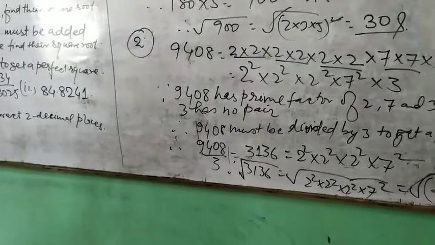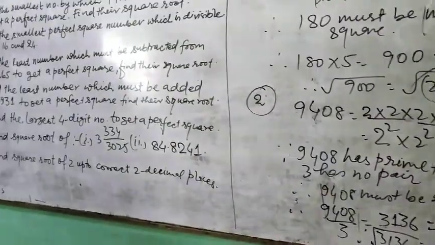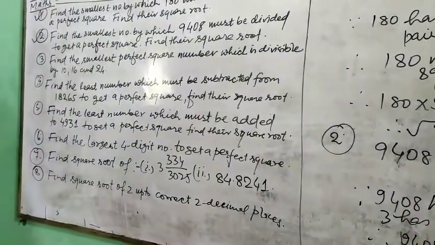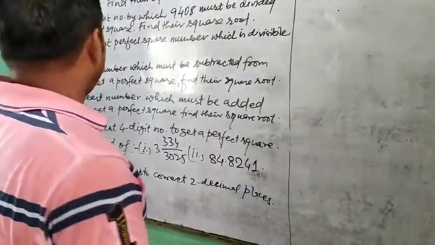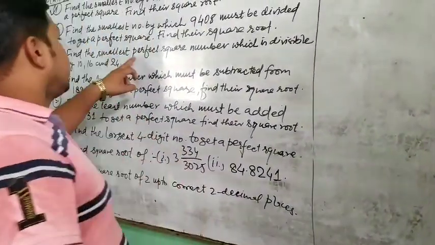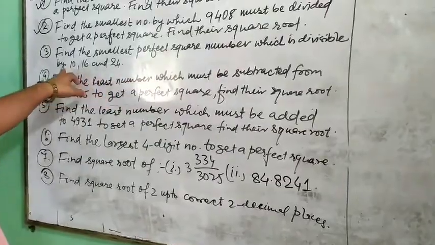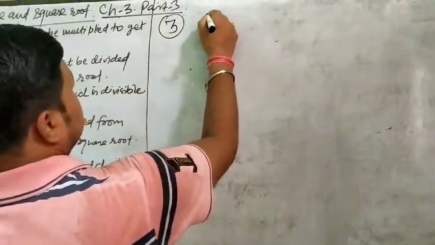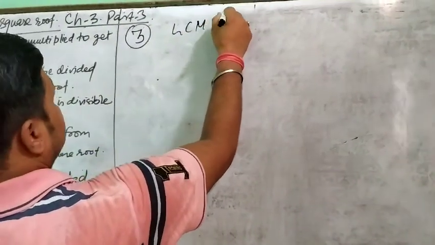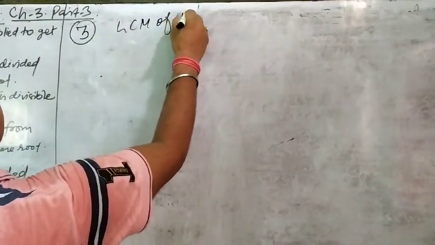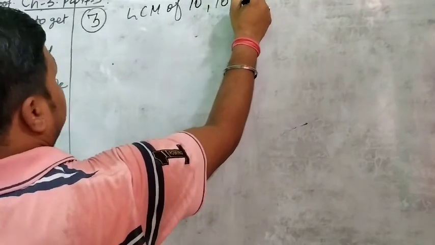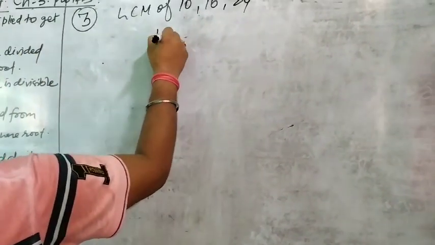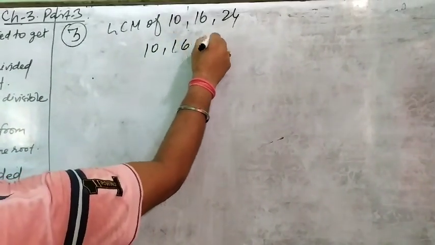Okay, so here we complete question number 1 and question number 2. Now question number 3: find the smallest perfect square number which is divisible by 10, 16 and 24. At first, the LCM of 10, 16 and 24.